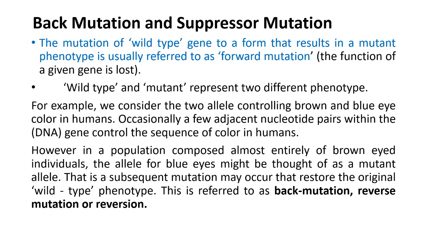For example, if we consider the two alleles controlling brown and blue eye color in humans, however, in a population composed almost entirely of brown-eyed individuals, the allele for blue eyes might be thought of as a mutant allele. A subsequent mutation may occur that restores the original wild-type phenotype in the next generation. This is referred to as back mutation, reverse mutation or reversion mutation.